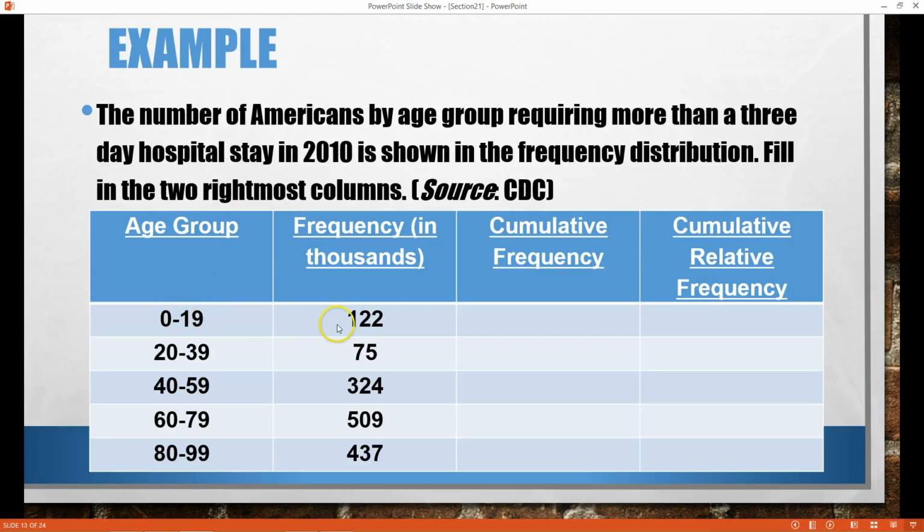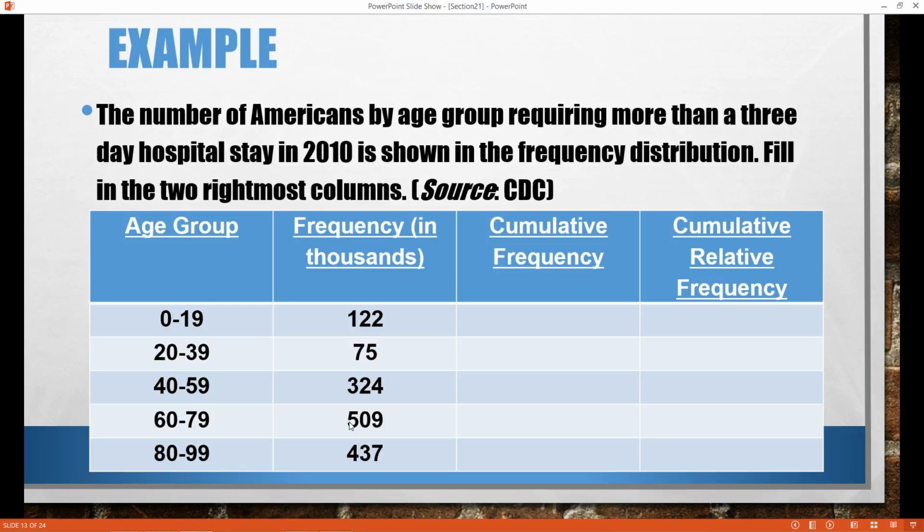So notice here, there were 122,000 patients under 20 years old, 0 to 19, that required one of these lengthy stays. 75,000 from people from 20 to 39 years old. And then for those from 60 up to 79, a little over 500,000 and so forth. That's for these lengthy medical stays.